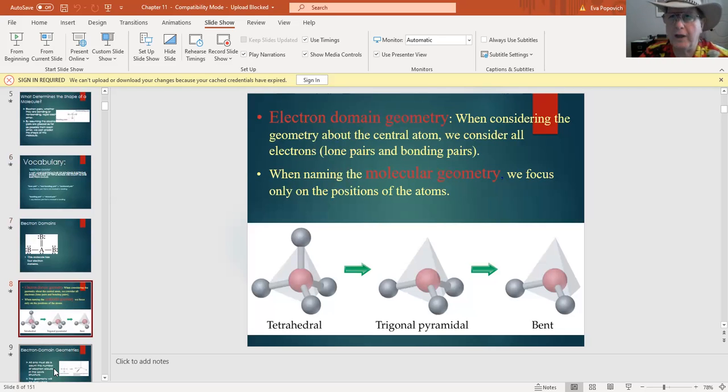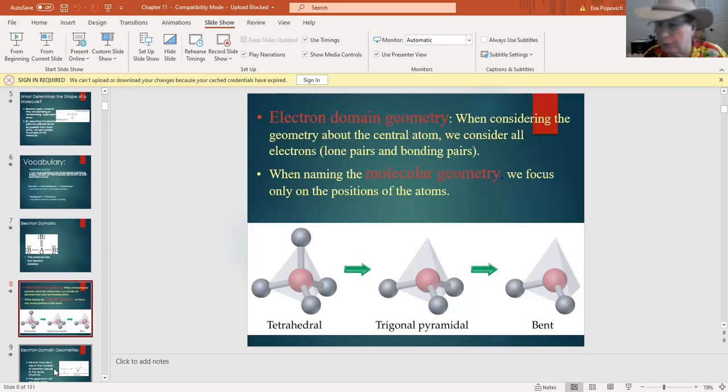Okay, now we also have to consider 2 things here. We have to consider the electron geometry, which encompasses lone pairs as well as atoms. We also have to realize that we have a molecular geometry.